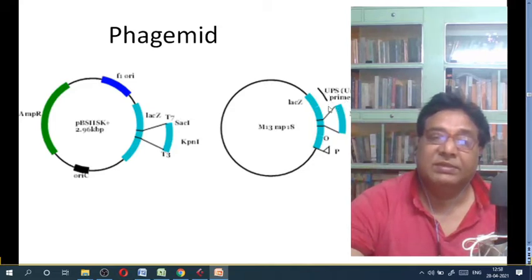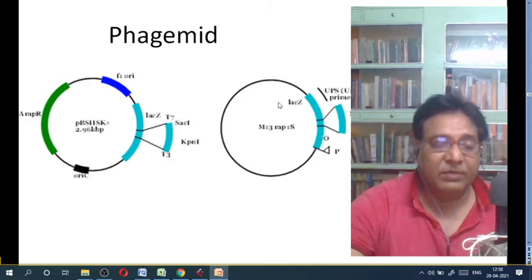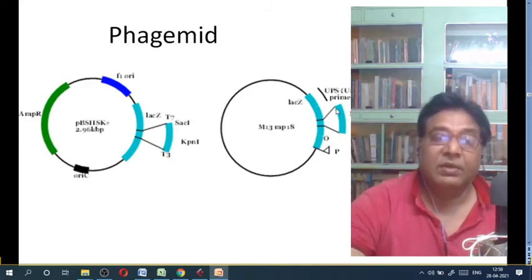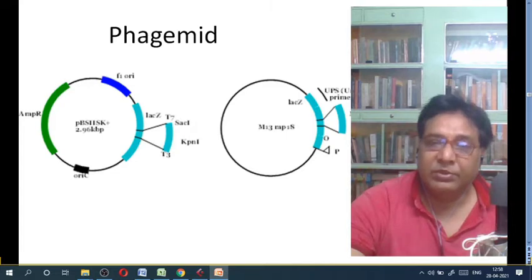This is very interesting. This particular vector is required for producing single-stranded DNA molecule for sequencing on one hand, and the other most important thing is this is used for site-directed mutagenesis. You can use this universal primer. You have cloned your gene of interest in this multiple cloning site first of all.